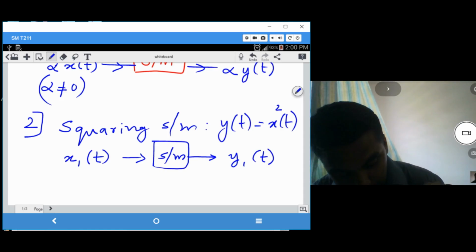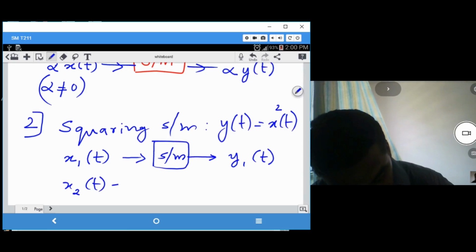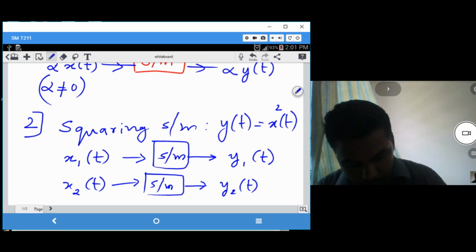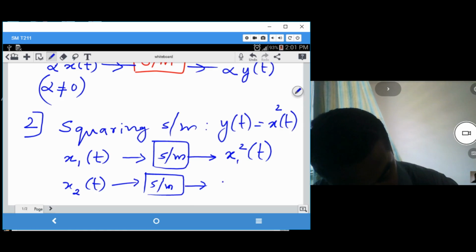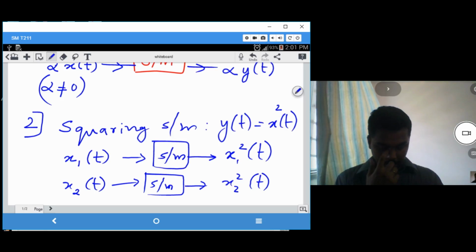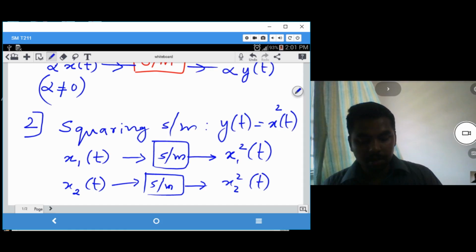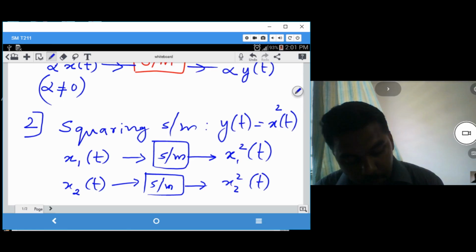Similarly, if I give x2 of t to the system, another input, it would result in y2 of t. Now, from the system definition, I can get rid of y1 and y2 and just write them as x1 squared of t, x2 squared of t. Okay. Now, I do the following.